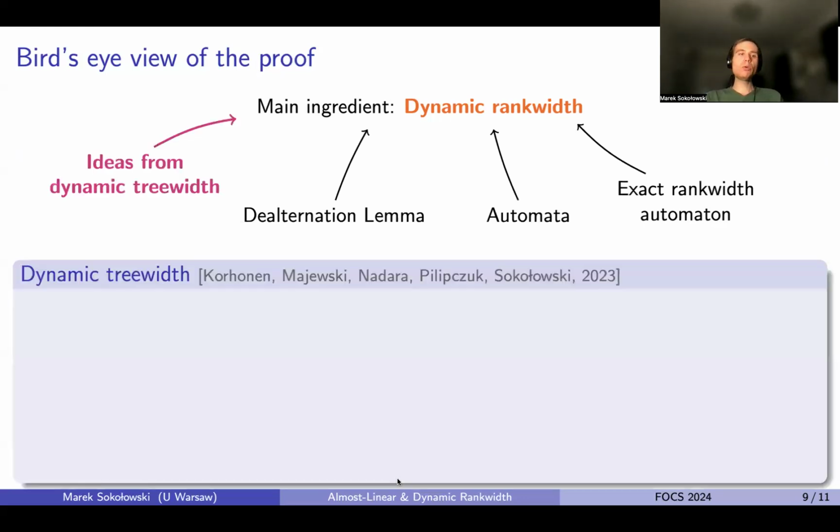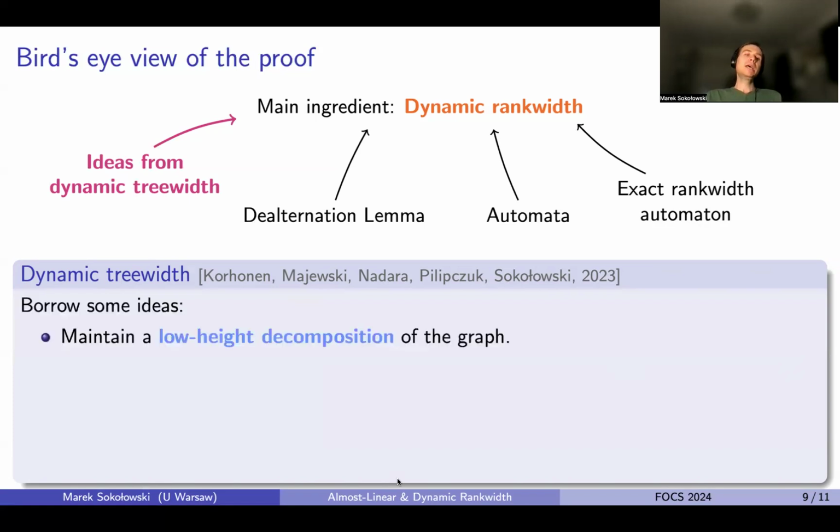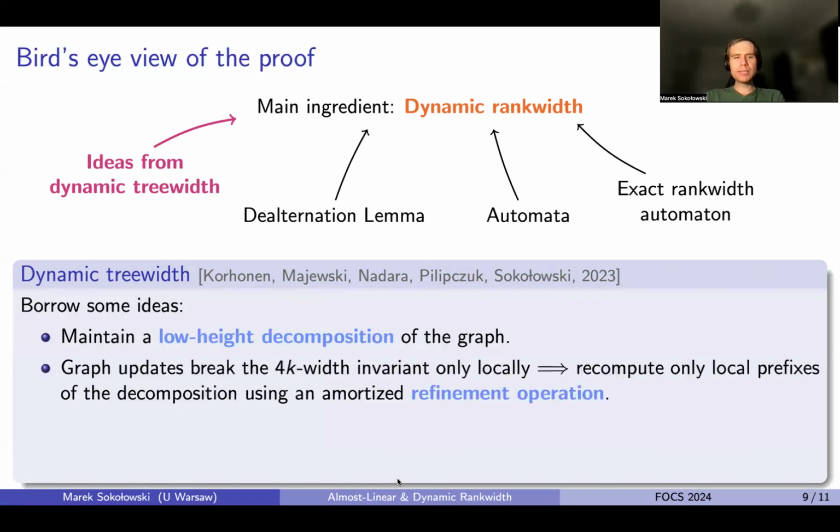So first of all, we take a lot of inspiration from the dynamic tree width result of Tuukka Korhonen, Konrad Majewski, Wojciech Nadara and Michał Pilipczuk back in 2023, where we maintain a low height decomposition of the graph by noticing that if I do any small graph updates, such as remove or insert an edge to the graph, I will only break this width invariant, where the width of some edge increases above 4k, only somehow locally.